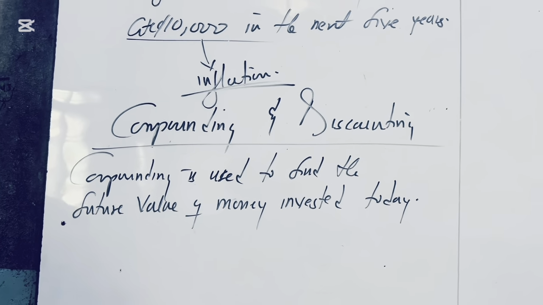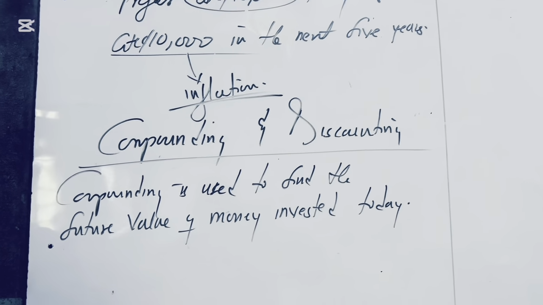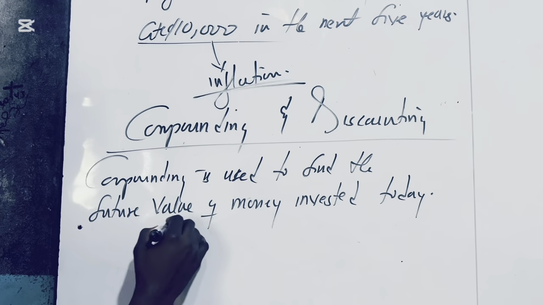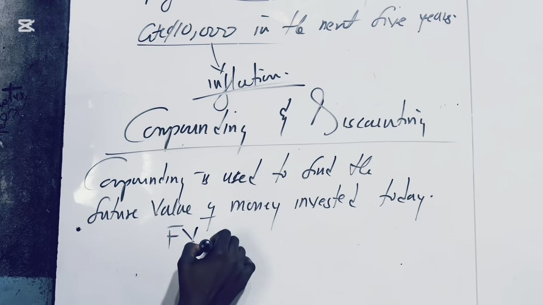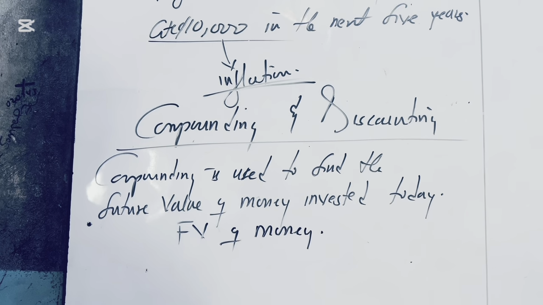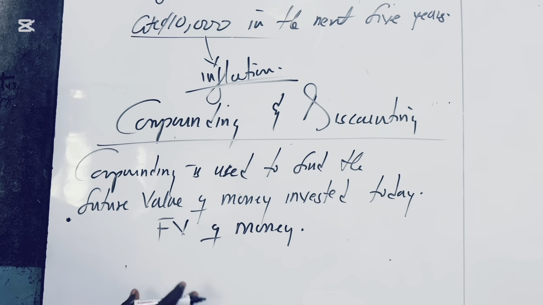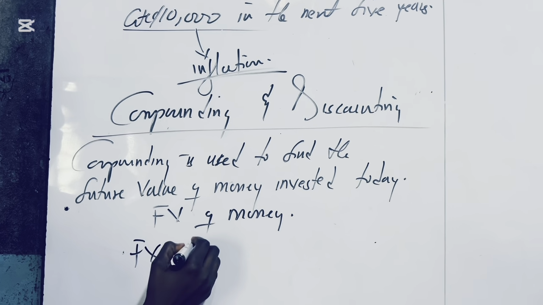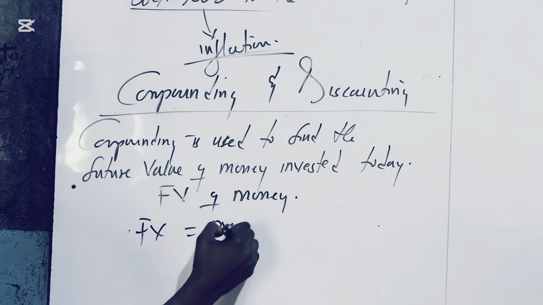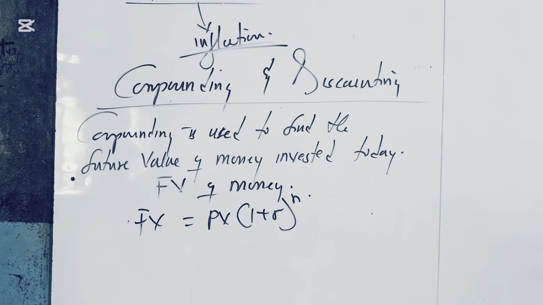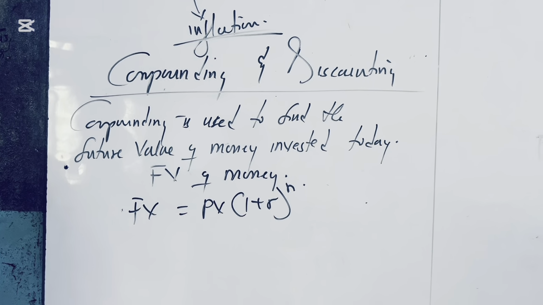That is it. In brief, compounding is used to calculate the future value of money. In business finance, the future value of any money is given by the formula PV times (1 plus R) raised to the power N. We'll explain that later.